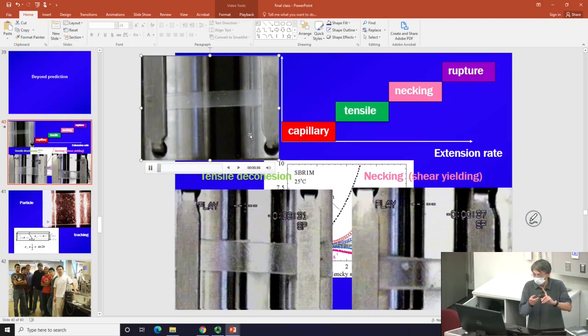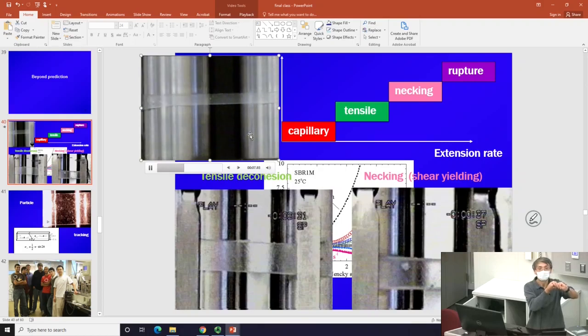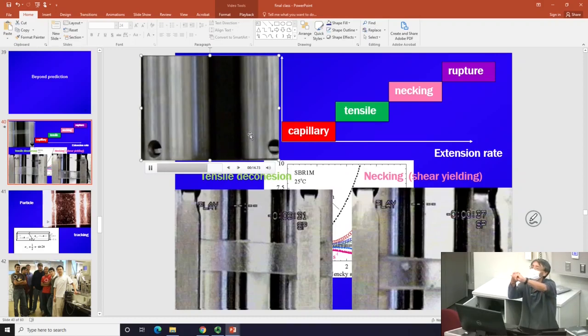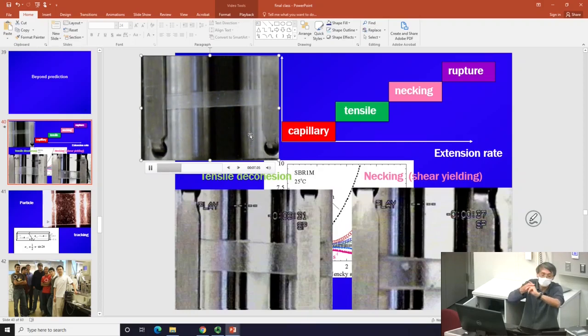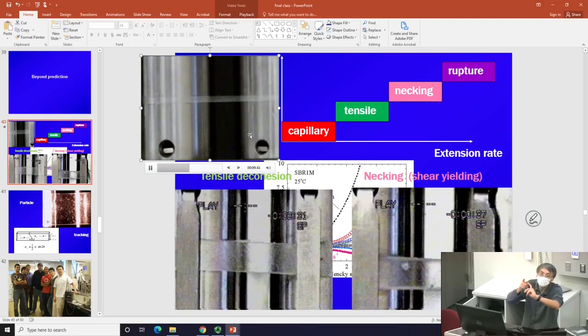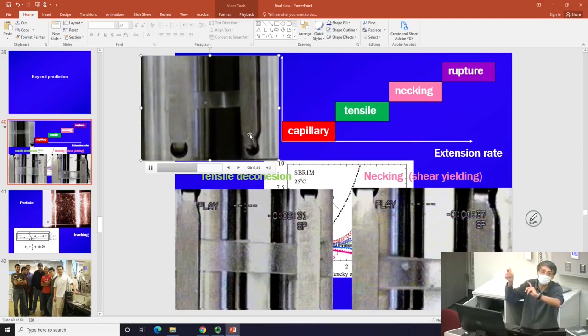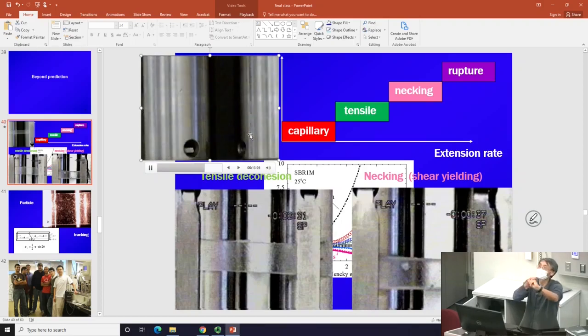So what's clear in region 4 is what we call entanglement lock-up. Instead of disentanglement, which I casually told you means that chains were entangled and then eventually slide out of each other. That's called disentanglement. Clearly in region 4, when the rate is high enough, that mechanism is turned off. It doesn't exist. It locked up.